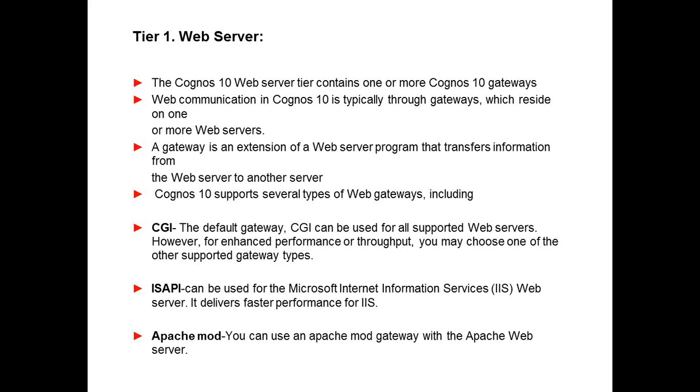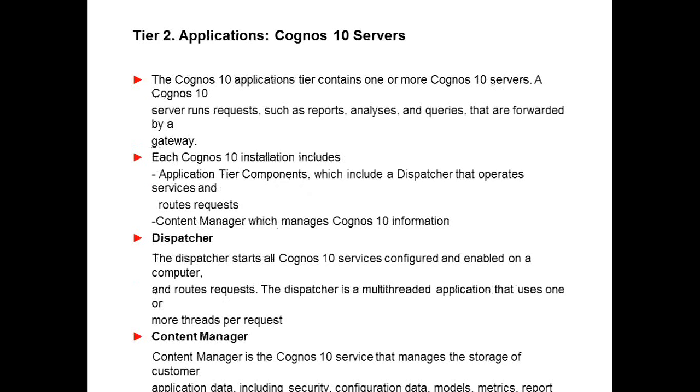I remember creating a virtual directory in IIS, Internet Information Services. Yes, there we will do all this configuration part. There we will define either CGI or ISAPI. So these are the different gateways, which pass the data from one server to another server.